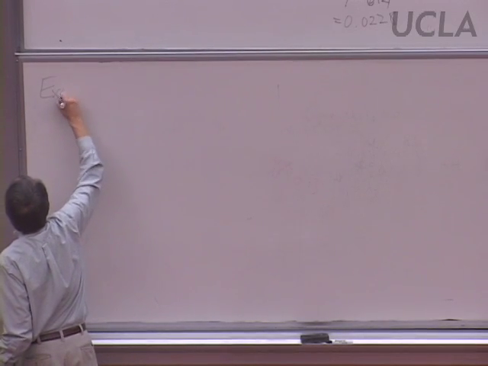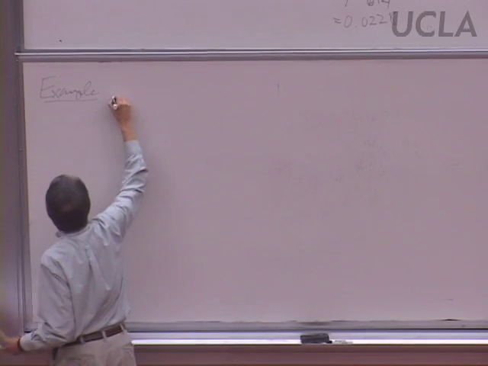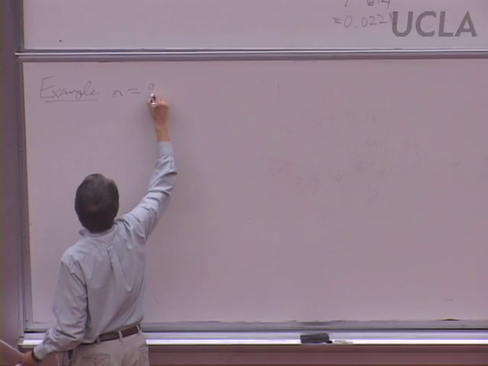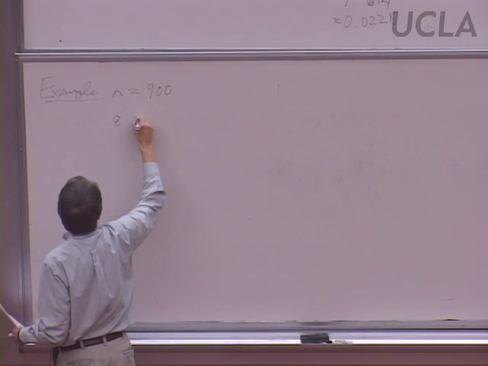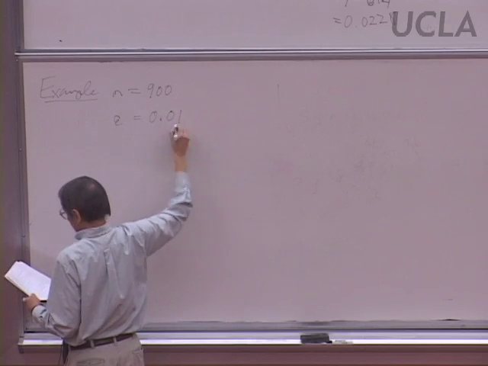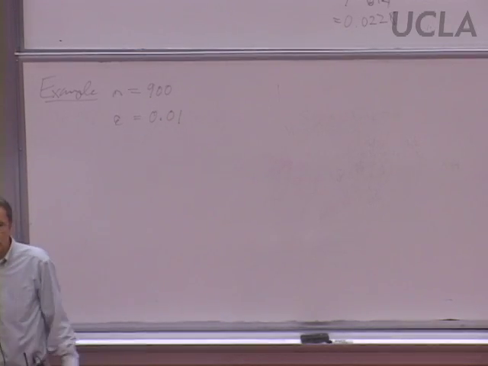Suppose, for example, n is 900, epsilon is 0.01.